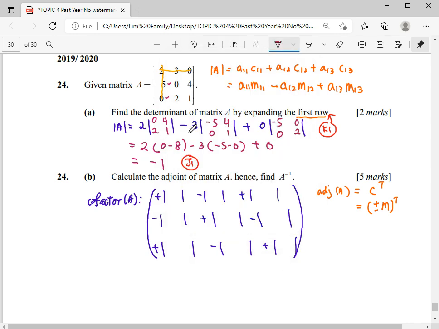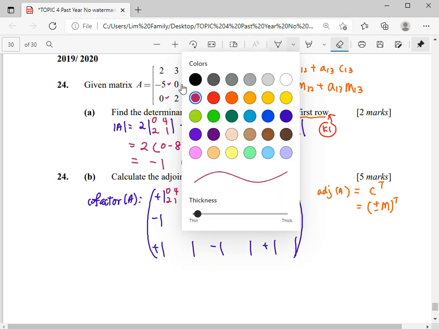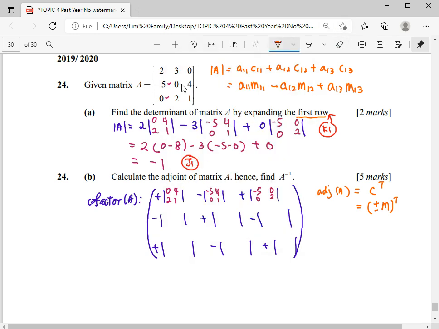For this one, I cancel row 1, column 1. I am left with 0, 4, 2, 1. I can do it very fast: 4, 1 copy here, and then 0, 2, in, out. The vertical entries that we crossed over are negative 5, 0, negative 5, 0. Then I repeat for row 2, column 1.